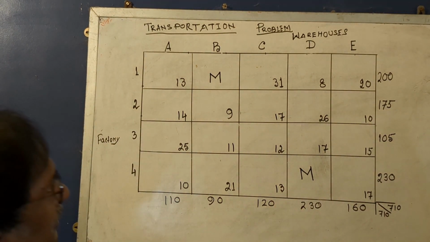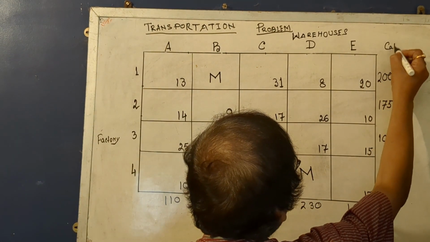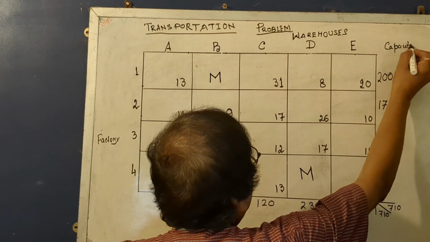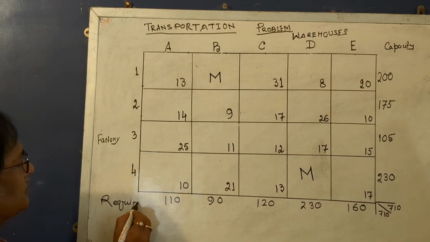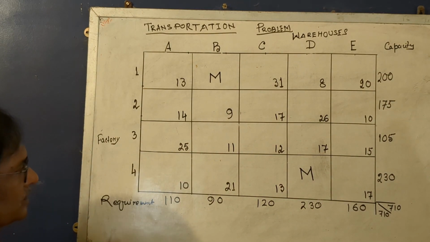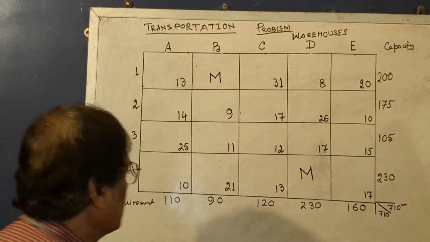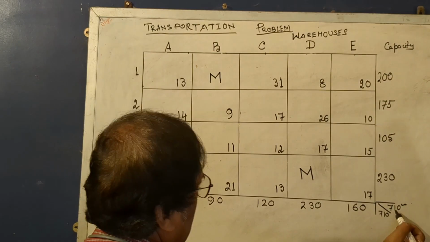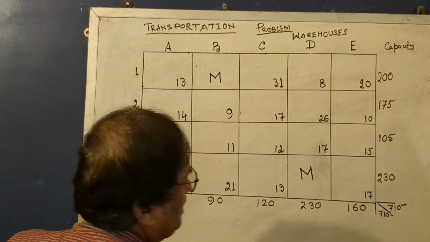A balanced problem means the total availability, or capacity, and the total requirement are the same, and you have to check that. Now if I add this, the total capacity is 710 units. The requirement, if you add all this, is 710.